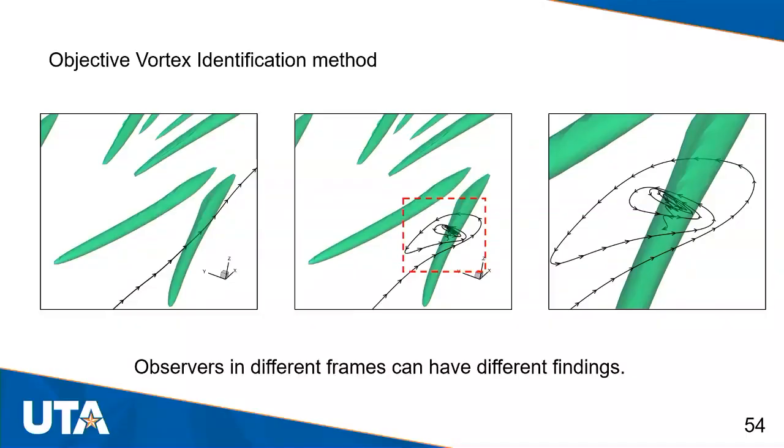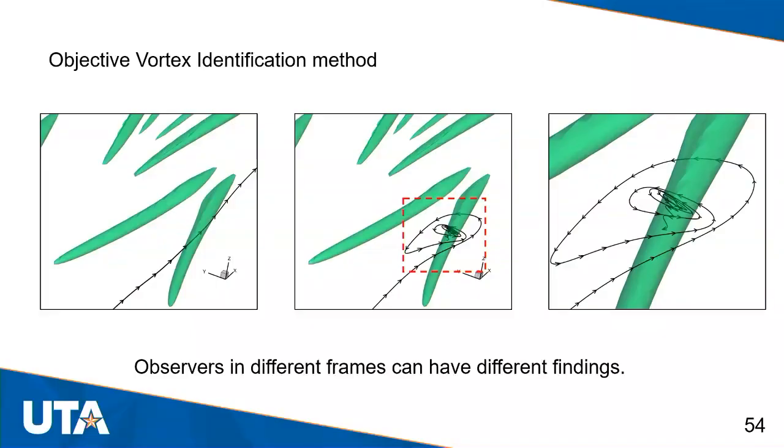This figure shows you the streamlines in different frames. In the first inertial frame, the streamline is like a straight line, right? So we cannot tell any rotation from the streamline.